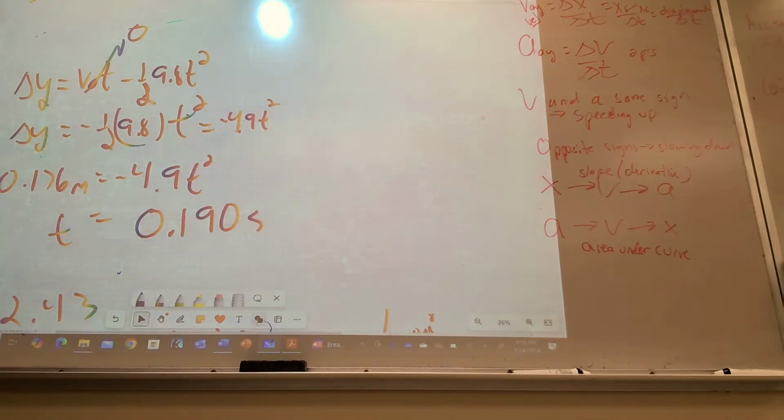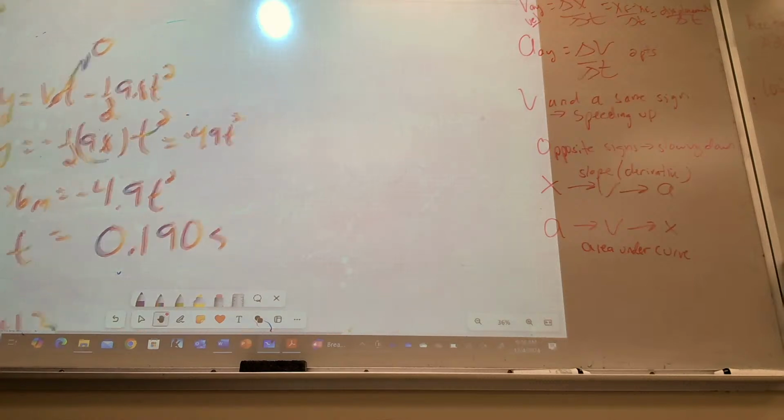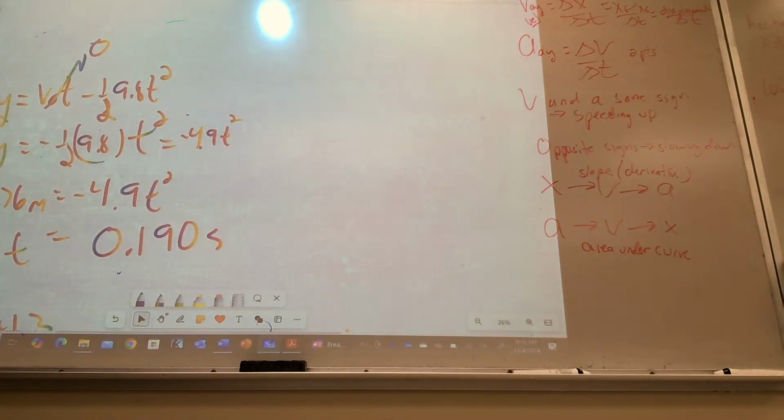So write down what they give you. What's the initial velocity? It blasts off. It accelerates constantly.